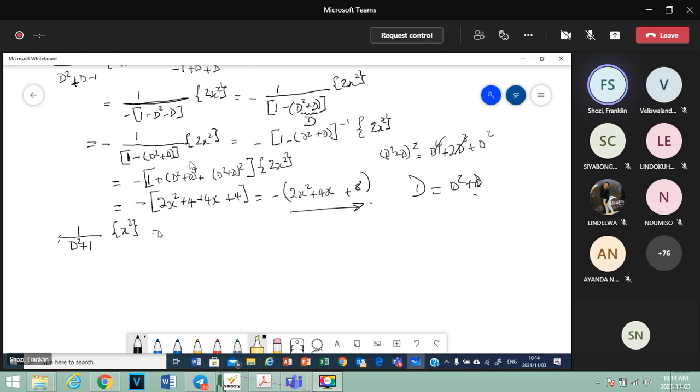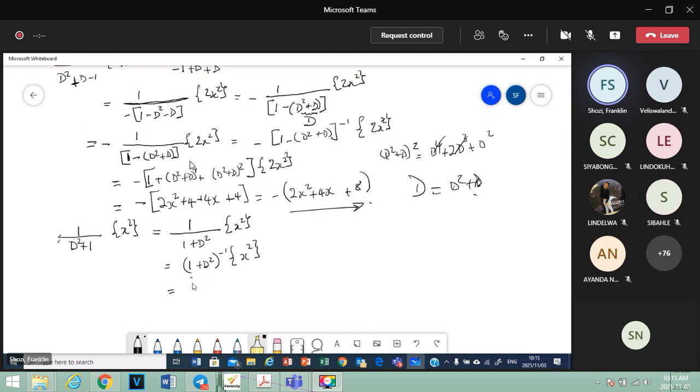Let me rewrite this as follows. This is 1 all over 1 plus d squared. That's one and the same thing, acting on x squared. Now, this can be written as 1 plus d squared all to the power minus 1 acting on x squared. The same thing goes on: 1 plus d.